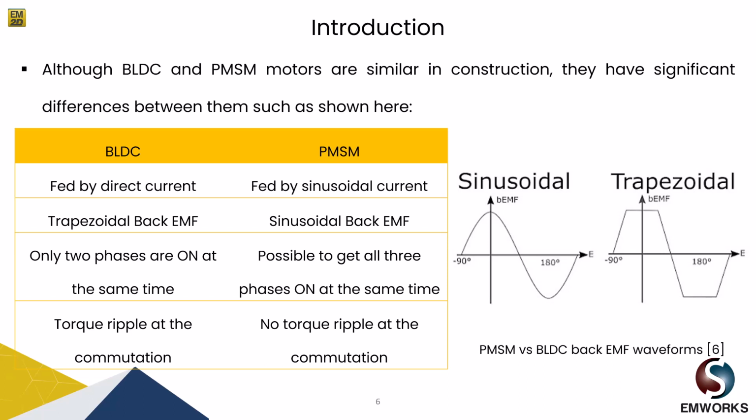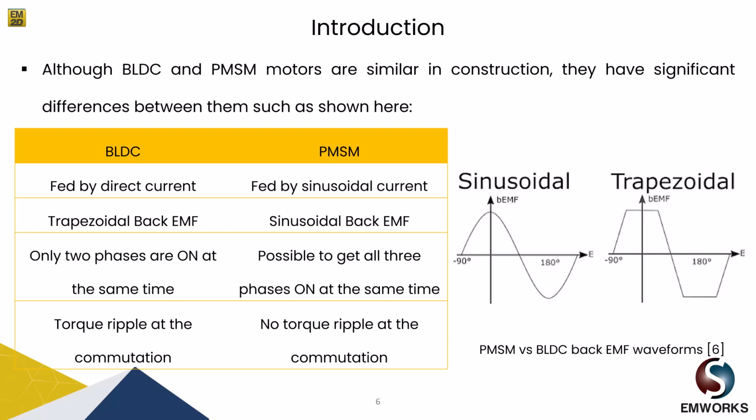First, the main difference is that BLDC motors are fed by direct current, whereas PMSM motors are fed by sinusoidal current. And the way BLDC motors are wound, maybe concentrated winding, it creates a trapezoidal back EMF, whereas PMSM motors have sinusoidal back EMF, as you can see in the picture on the right hand side.